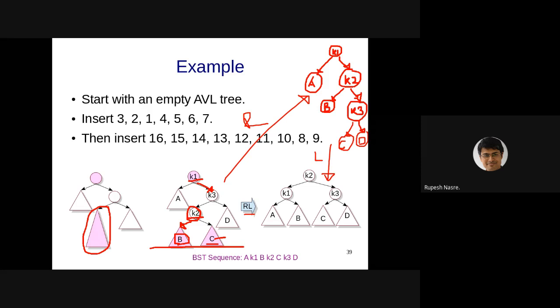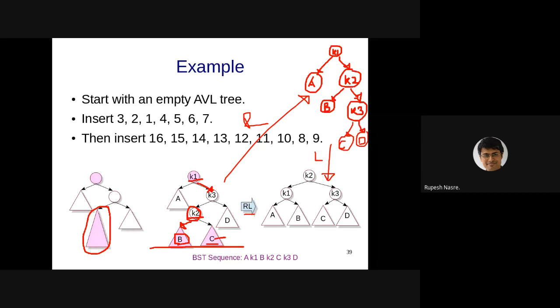So K3's left child, which is going to be smaller than K3, can now adopt C. This is similar to what we had in the LL case, where we did a right rotation. So here also we are just doing a right rotation.